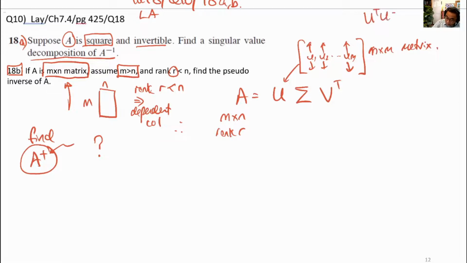U transpose U would still be identity. However, what is important is that only the first r columns are important, because later you will see that of the singular values associated with sigma, only the first r singular values are non-zero. We call the first r columns Ur.